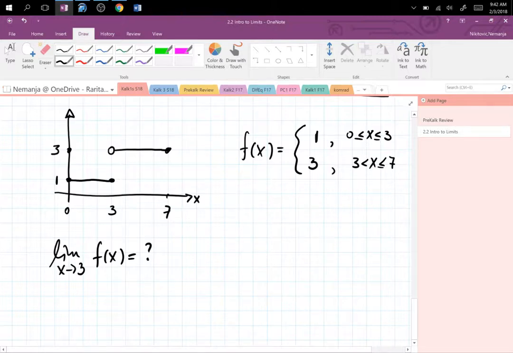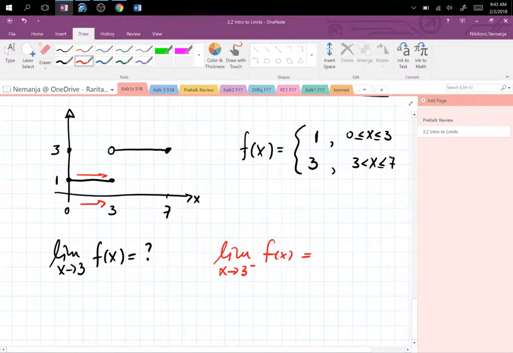You have the left approach to 3, which is going over on the first line, and you will be using the limit as x approaches 3 minus of f of x.